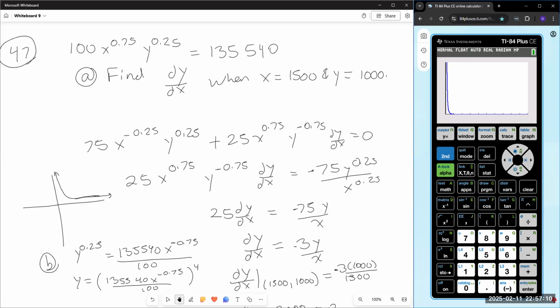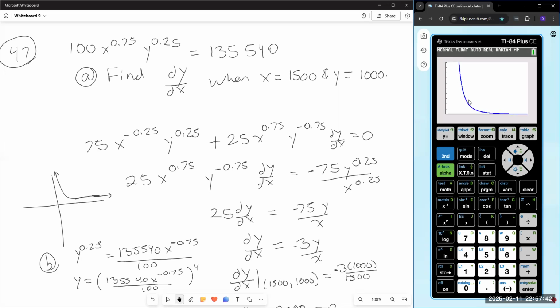In the book, the scale for this is going to be 0 to 2,000 on x and 0 to 100,000 on y.